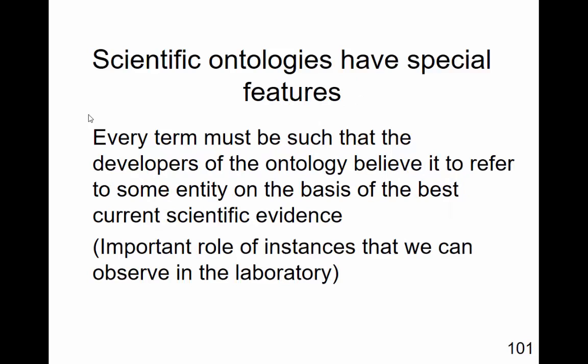All right. Now, scientific ontologies have to have the following feature: the developers of the ontology believe that it refers to something on the basis of the best current scientific evidence.